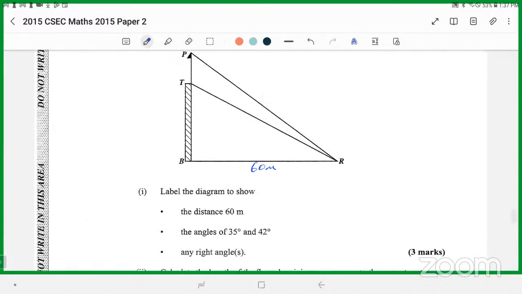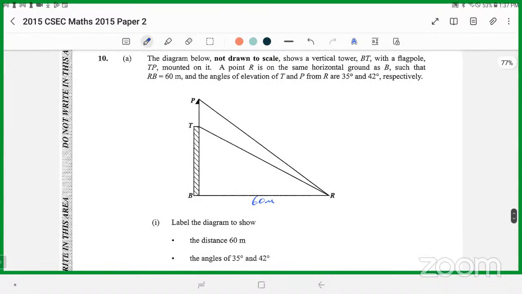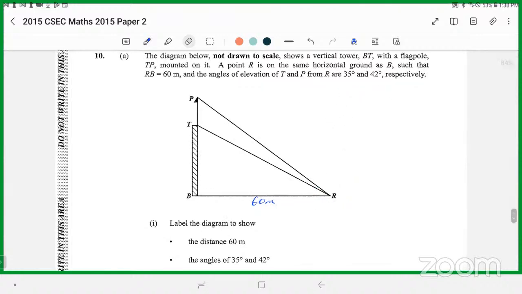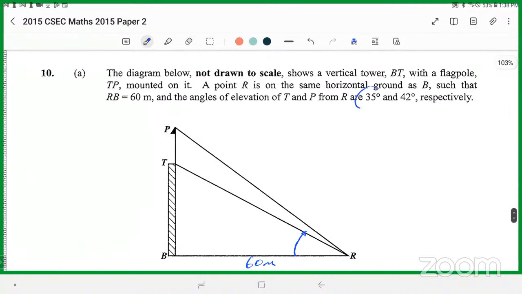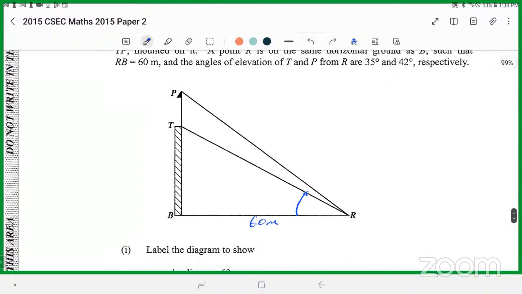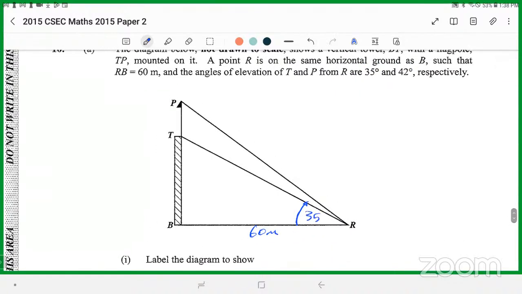Then it says the angles of elevation of T and P from R are 35 and 42 degrees respectively. Let's set it up. It means this angle up here, 35 degrees, is the angle of elevation looking up, but this angle of elevation is 42 degrees.